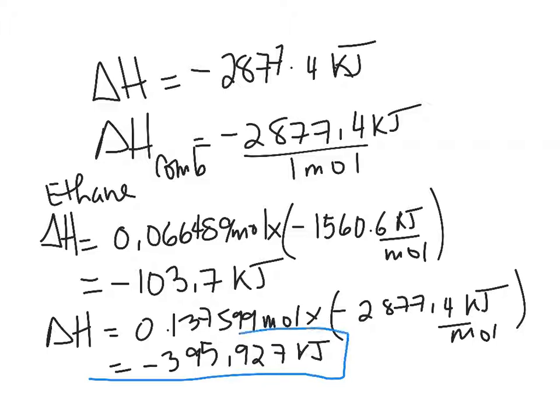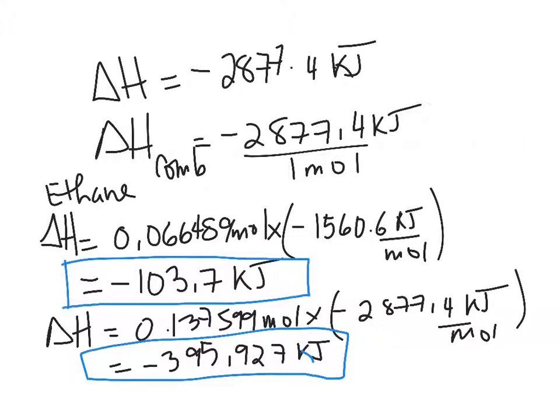You figured out how much energy is released for 8 grams of butane and for 2 grams of ethane. If you add those two numbers up, you should have 501 kilojoules.